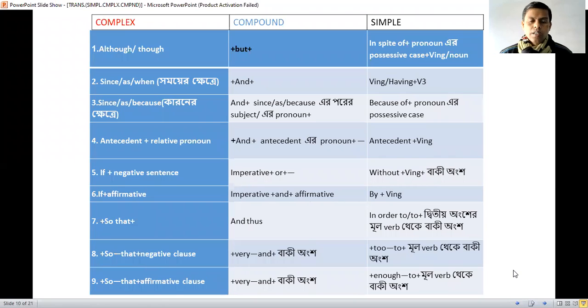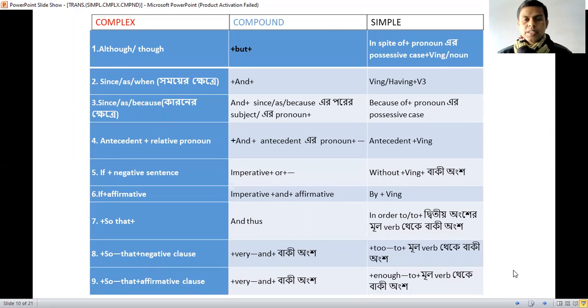Suppose the sentence is: though he is poor, he is honest. In compound, what will it be? He is poor but honest.